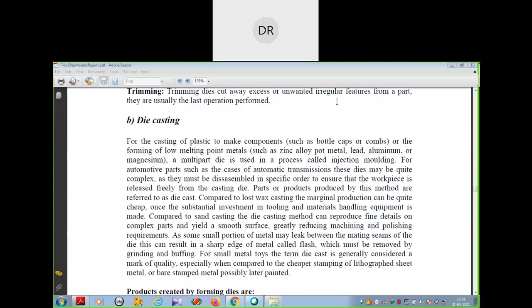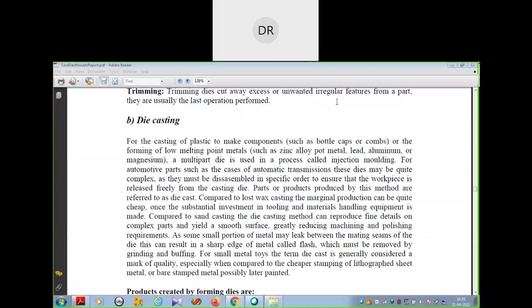Compared to low waste casting, the marginal production is quite cheap when you have made a substantial investment in tooling and material handling equipment.